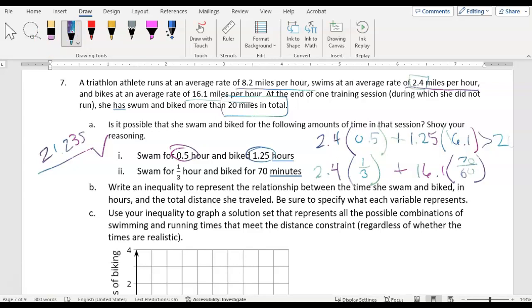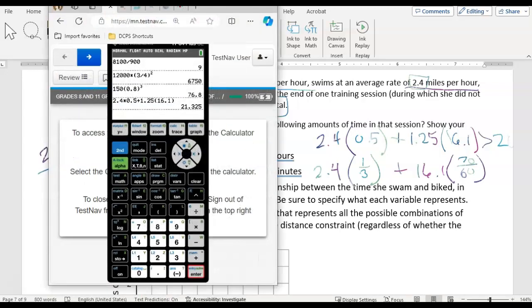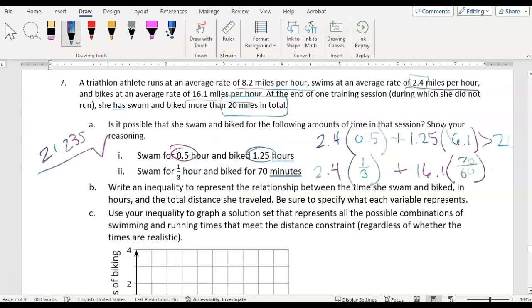Okay, that will give us our time in hours. So let's see here, 2.4 times 1/3 plus 16.1 times 70 divided by 60. If you wanted to ahead of time put that into hours, you could. That's going to be 19.58, which is less than 20, so that does not work. So this one does work, but this one does not.